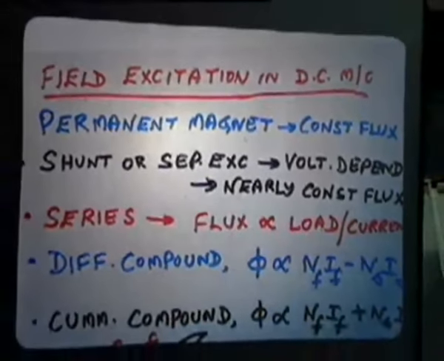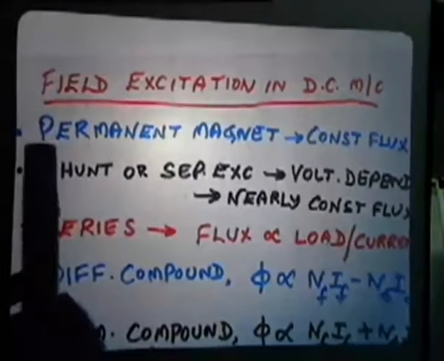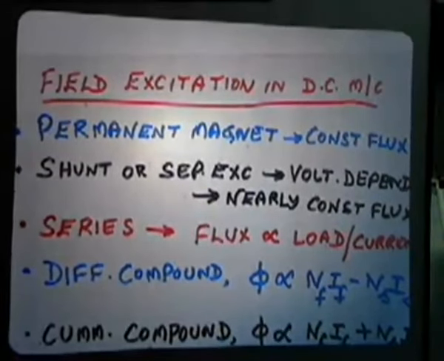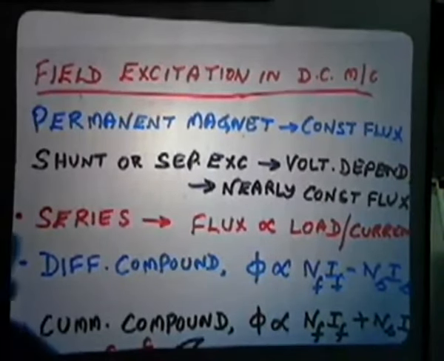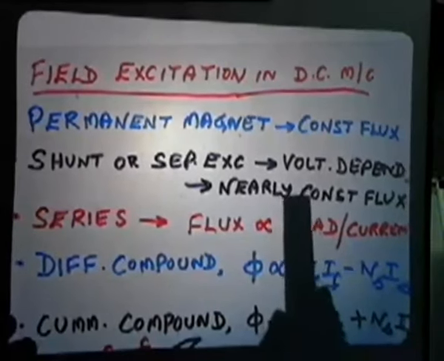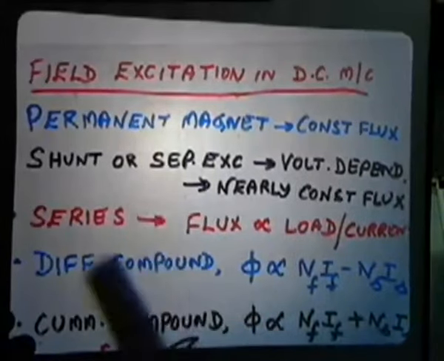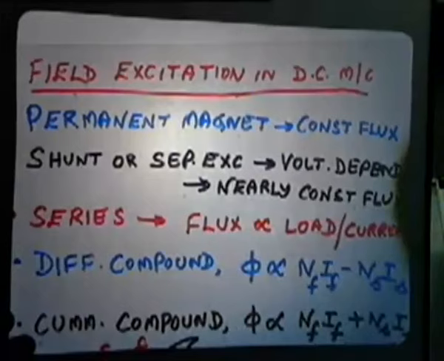We have seen that there is a permanent magnet excitation, which means that the flux is constant, and we also have the shunt or separate excitation, where the voltage is constant. Since the voltage is constant, the shunt or separate excitation will give a nearly constant flux.